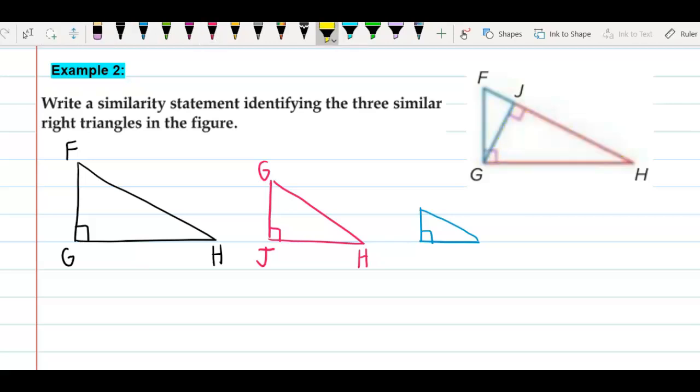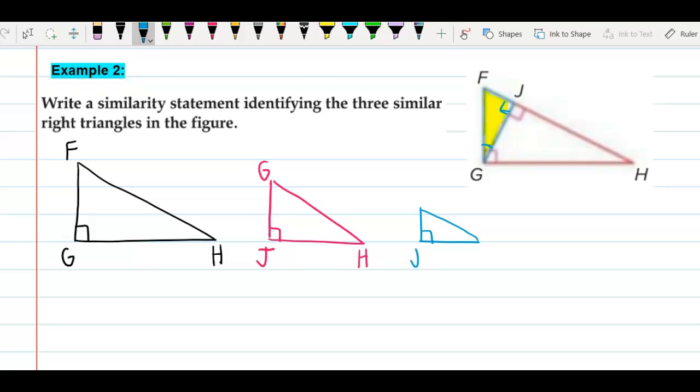All right. Last but not least, I'm going to look at this small triangle here. First question I want to ask myself is, where is the right angle? We're still not looking at G because G is only this little bitty angle there, and that is not a right angle. But if we look at J, J is a right angle on this side, so it's going to be a right angle on that side.